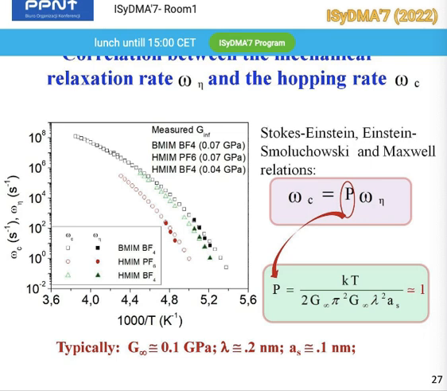And again, we checked, and this constant of proportionality has to be about 1. The constants which are involved are shown in here. G infinity is given by this expression. This can be measured. And for the diffusion length or the hopping length, one has to make an assumption, and we made the assumption of 2 angstroms.